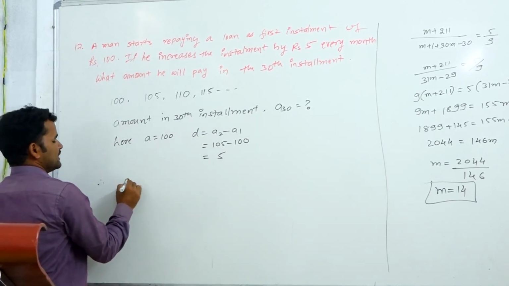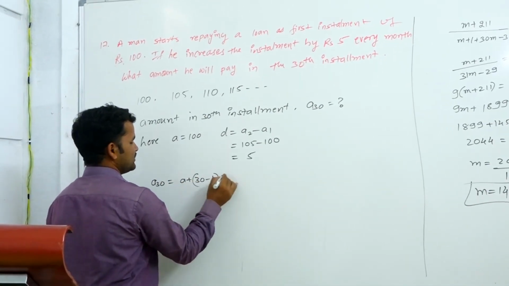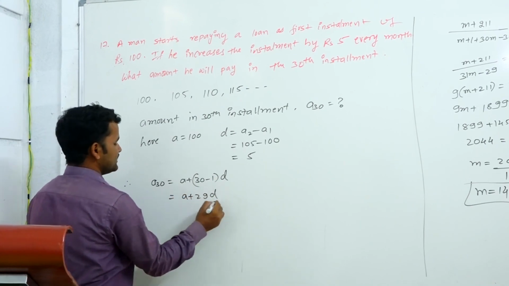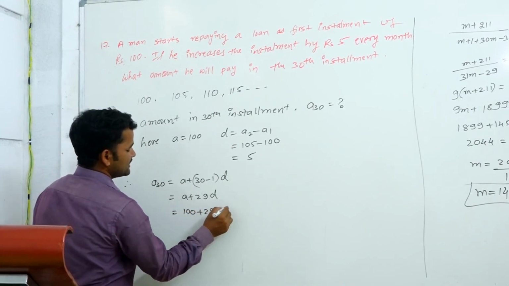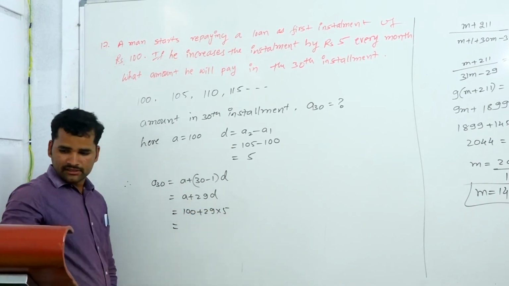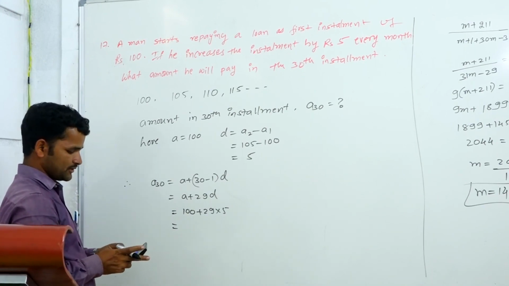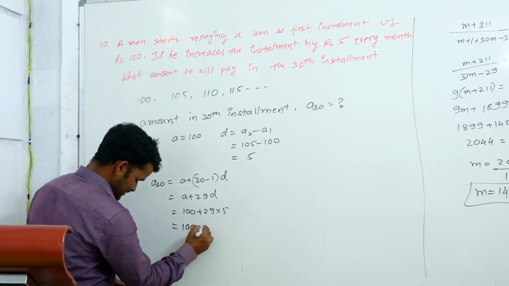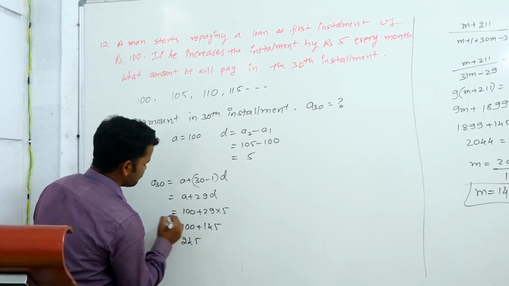Therefore, A30 is equal to a plus (30 minus 1) into d, that is a plus 29d. a is 100 plus 29 into 5. How much is this? 29 into 5 is 145. 145 plus 100 is 245.